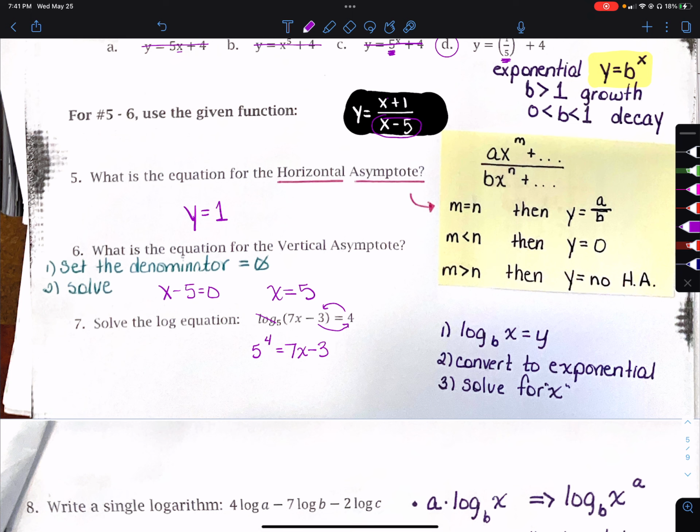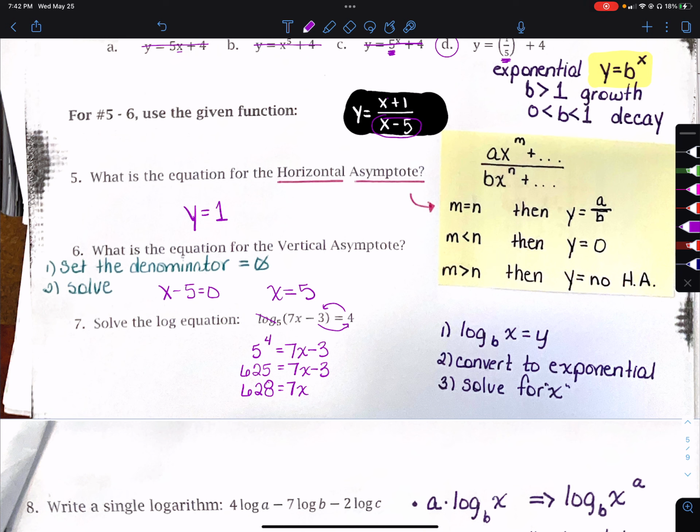Okay? So that's that first piece where we've taken that value and converted it into exponential. 5 to the 4th power is 625, which is equal to 7x minus 3. Add 3 to each side. So we have 628 is equal to 7x.